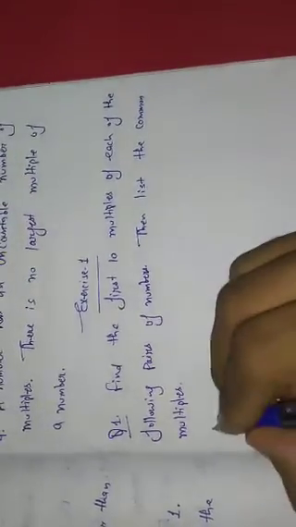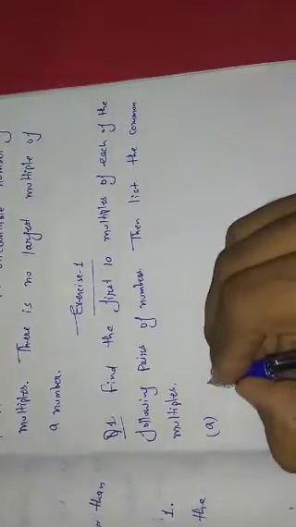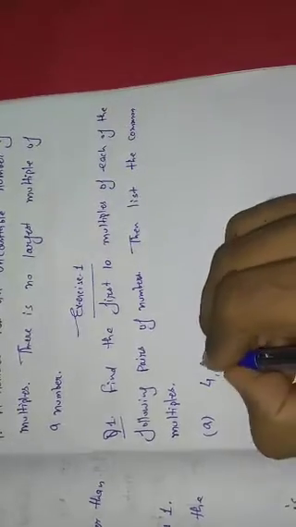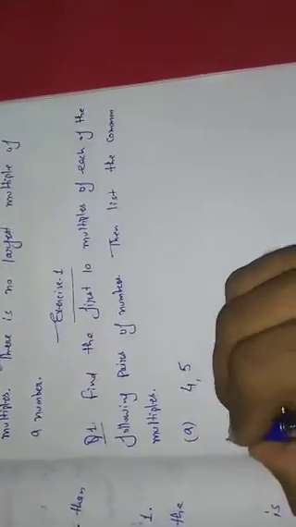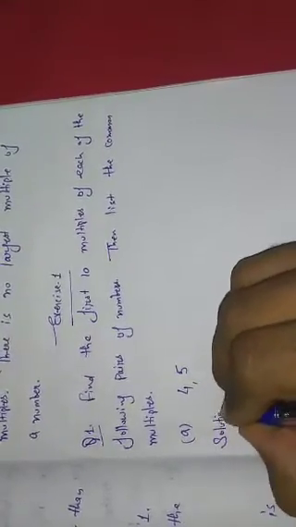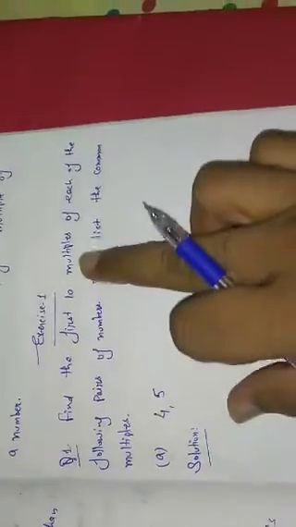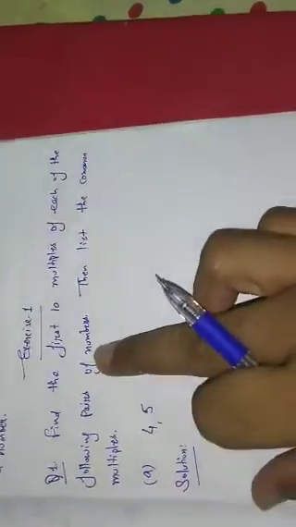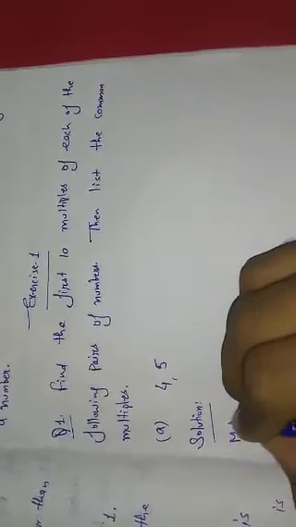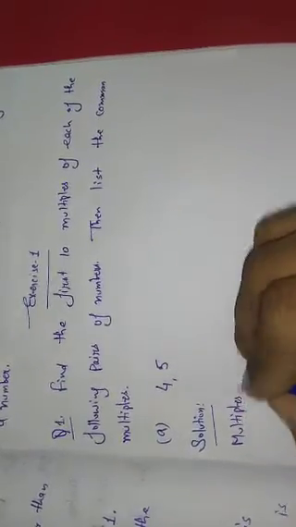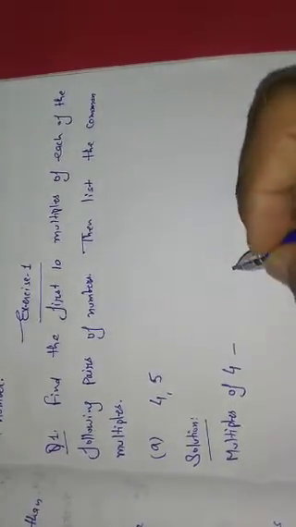In this question, part A has been given. The numbers are 4 and 5. So look at the solution. Multiples of 4: here we have to find the first 10 multiples.